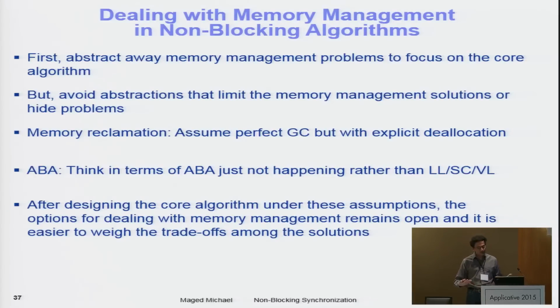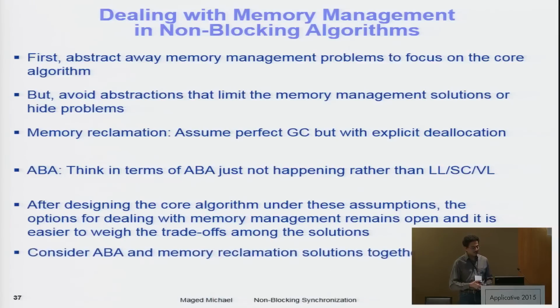Because they are intertwined, one solution might solve the other, and you don't have to pay the overhead twice. So these are steps to consider for designing non-blocking algorithms with memory management issues.